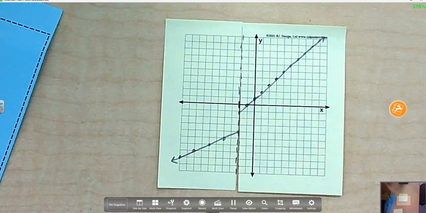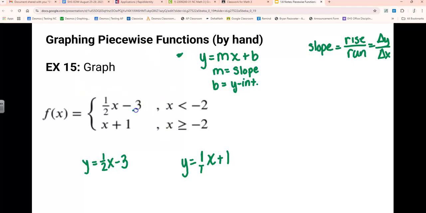But for this function, for the 1/2 x minus 3, I was supposed to use this when x was less than -2. This does not have an or equal to sign with it, right? So if there is no or equal to sign, what kind of dot do I use? An open circle or the closed circle? Open. So what I'm going to do is I'm going to go over here.